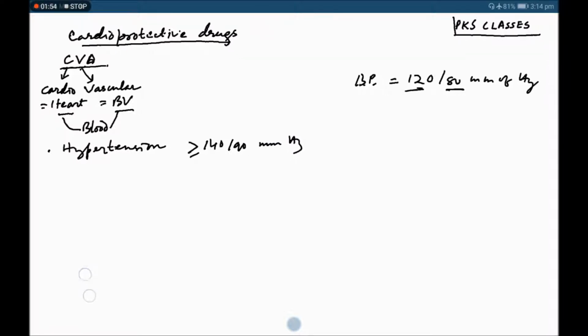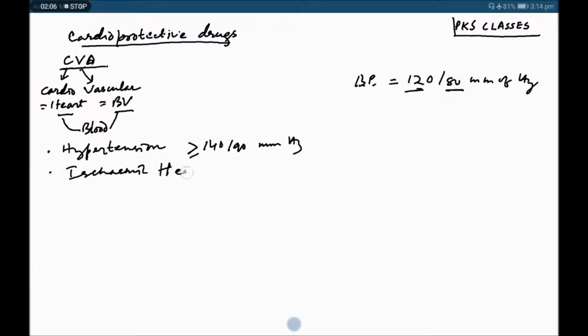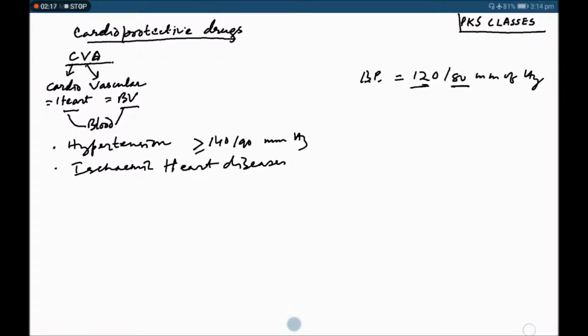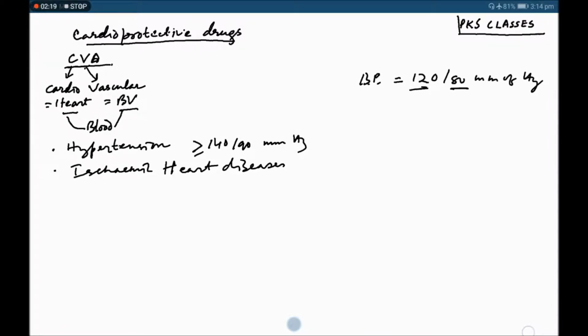Then other diseases are there, like ischemic heart diseases. Ischemia is a condition in which the blood supply to the heart is less than the required amount.